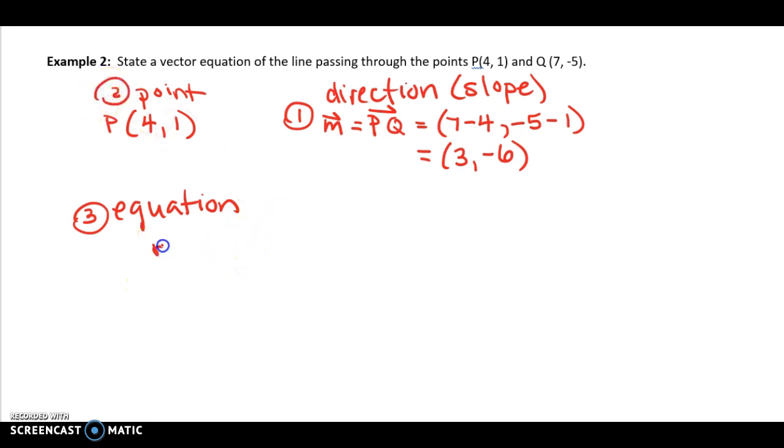It's going to be our line, is equal to our starting point plus however many multiples of our direction vector. Okay? And the one thing you want to keep in mind is that the direction vector can be any scalar multiple.